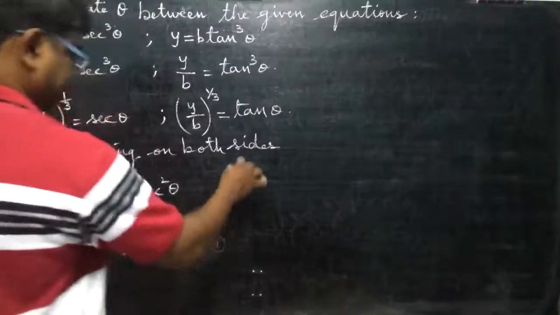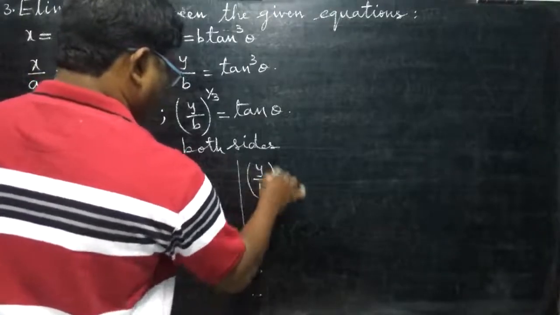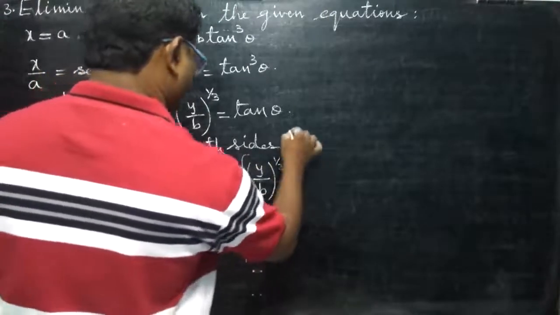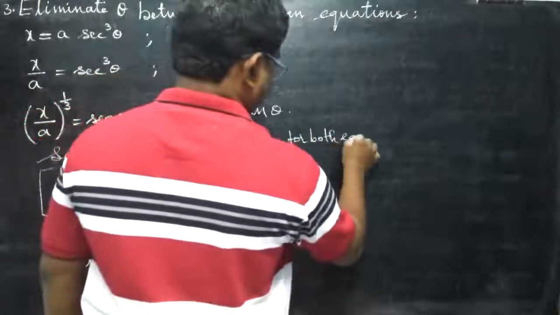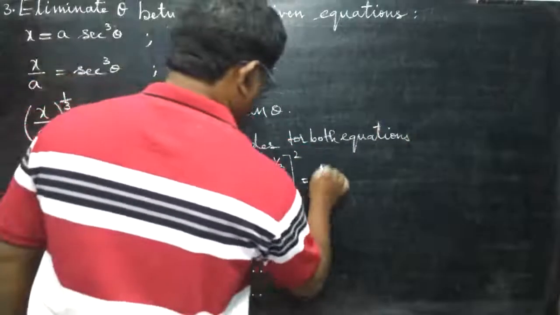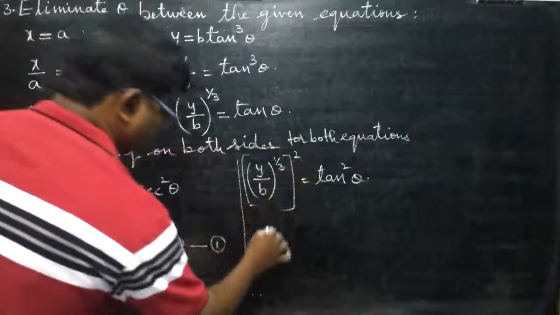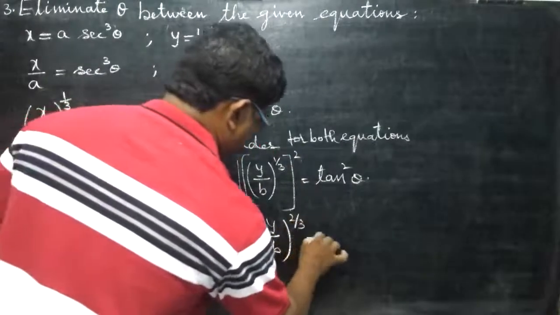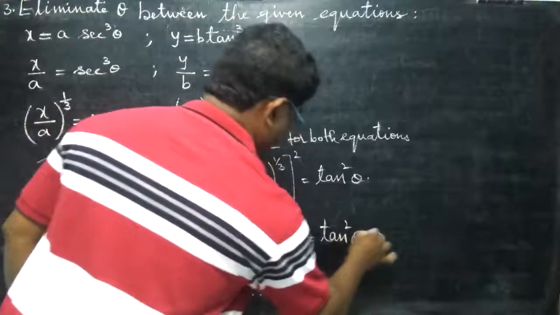Come to the next. y by b whole to the power of 1 by 3 whole square, because squaring on both sides, for both equations, always remember this, because they are simultaneous equations, is equal to tan square theta. Now same, y by b whole to the power of 2 by 3 is equal to tan square theta. Think of this as equation 2.